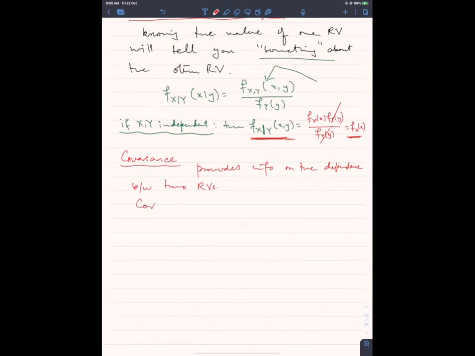And it is defined as covariance of x comma y is equal to expected value of (x minus expected value of x) multiplied by (y minus expected value of y). And if you open this up and solve the expected value a little, you will end up getting expected value of xy minus expected value of x into expected value of y. So this is covariance of x and y.